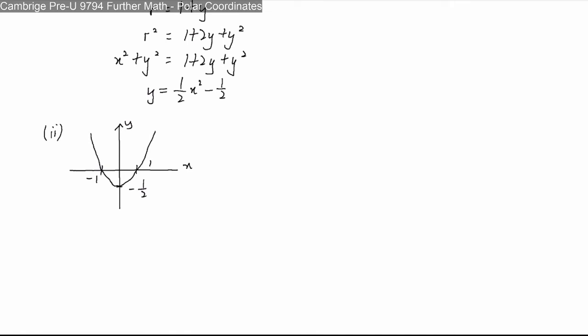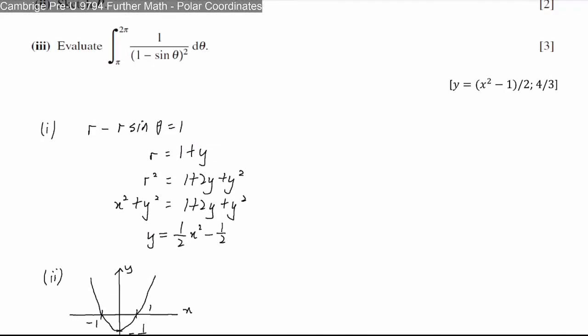Okay, so part 3. We are asked to evaluate the integral from pi to 2 pi of 1 over 1 minus sine theta squared. What do we actually mean by this? This is integrating r squared d theta. What we can relate to integrating r squared d theta is that it's basically the area, but this is not really the formula that we use for the area, unless we do this.